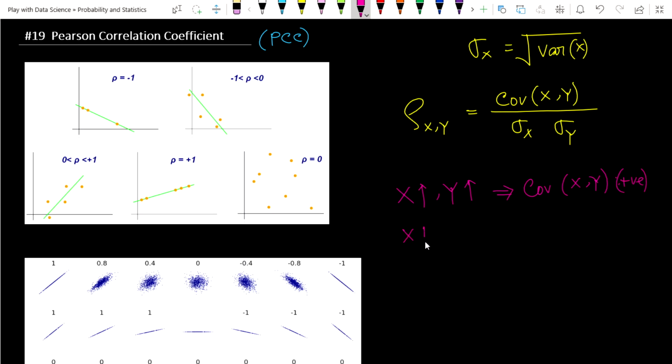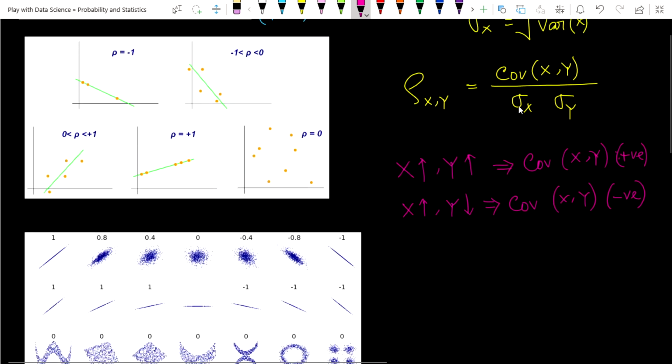If x increases and y decreases, then the covariance of x and y is negative. We have seen this already in detail. Now let's see how these things actually work.